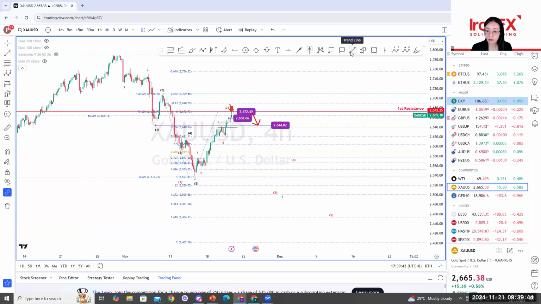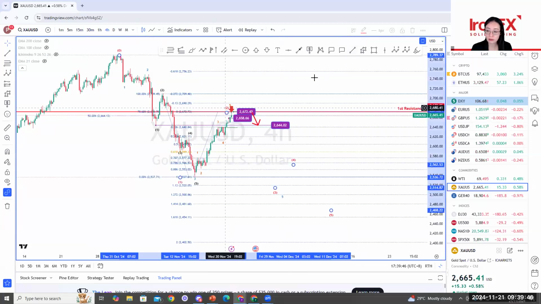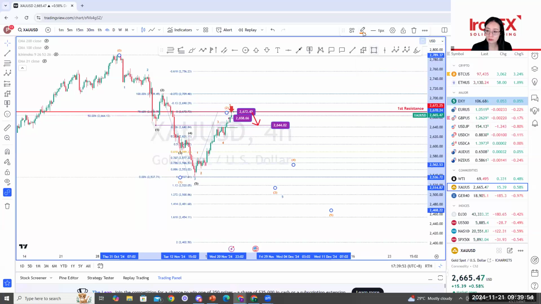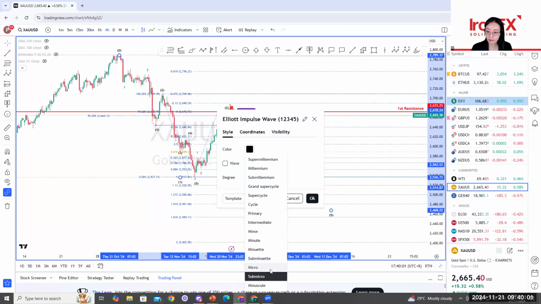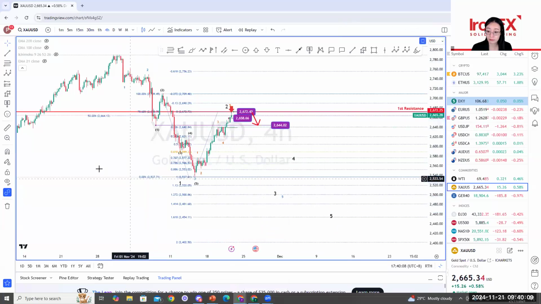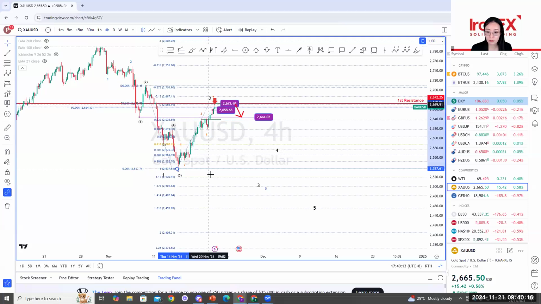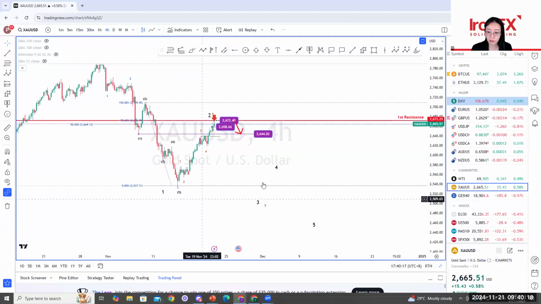For the longer term, let me change the color to the orange. Web 3, they just said it's going to be Web 3 maybe all the way here.